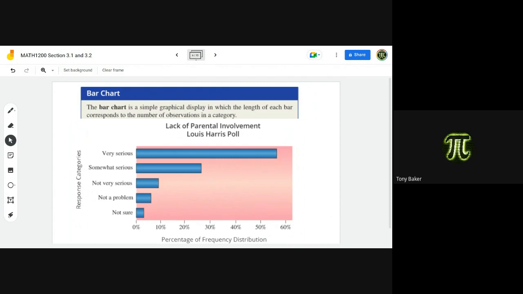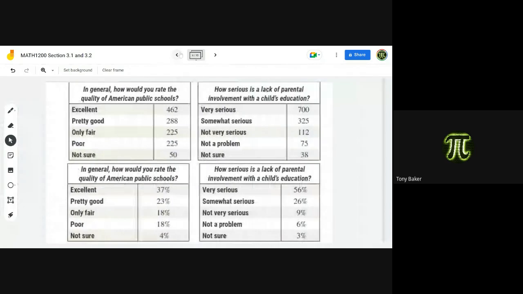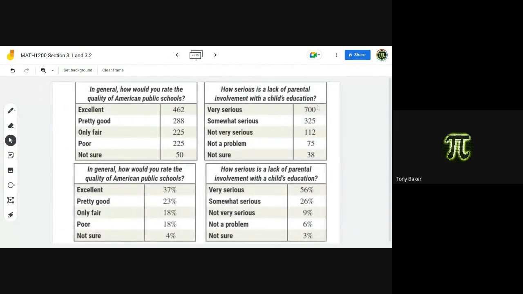So one's just about 60 and one's just about 30. So very serious happens to be twice as much as somewhat serious, right? Approximately. Even if I did the actual numbers, it'd be 700 and 325, so a little less than half.